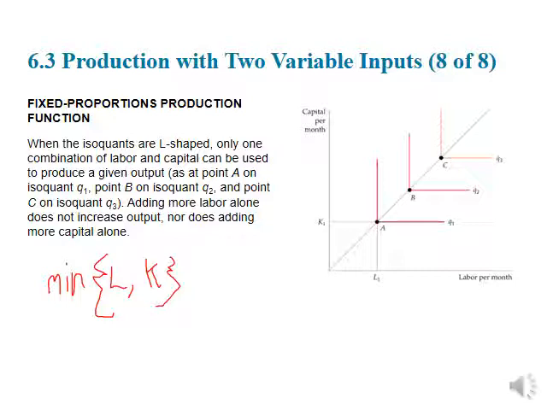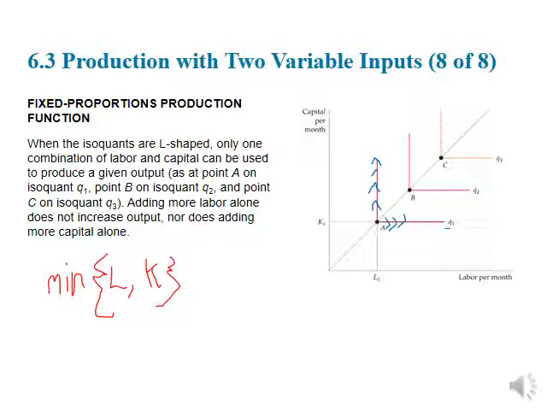So the example I gave a few slides ago of typists and typewriters. And we can see here, and I'll switch the color up, that if, say, we're at point A, adding more capital, adding more typewriters, doesn't get us any additional production. And if we're at point A, adding more typists doesn't get us any additional production.